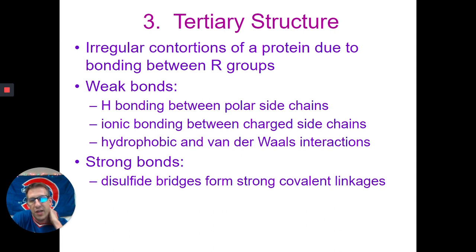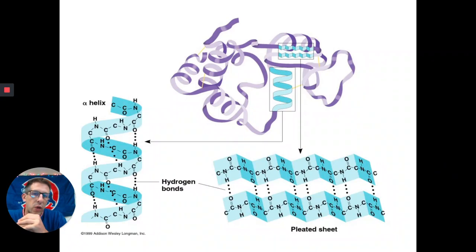We can have ionic bonding between charged side chains, between charged R groups, because there are those things. We can have hydrophobic and van der Waals interactions between highly nonpolar side chains. And then we can have what are known as disulfide bridges, which form very strong covalent bonds.